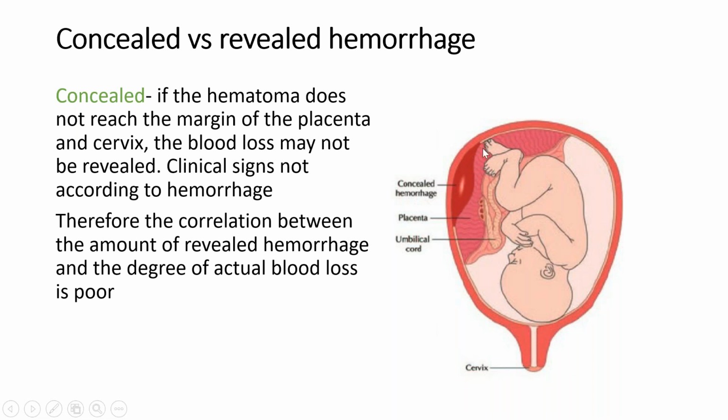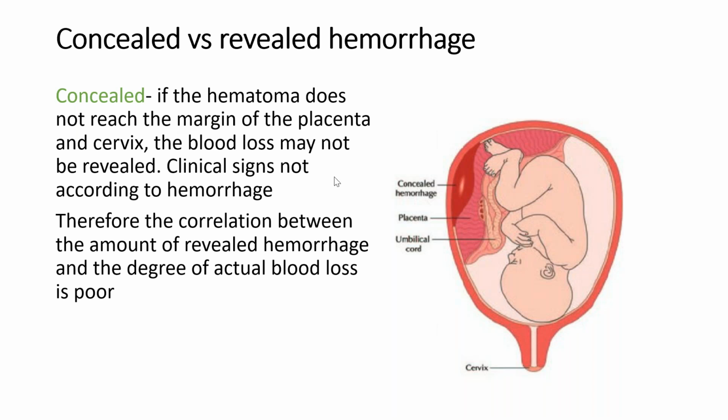It remains behind the placenta, but it causes separation of the placenta and hampers the blood supply to the fetus, but it is not coming through the os. So this is concealed hemorrhage.